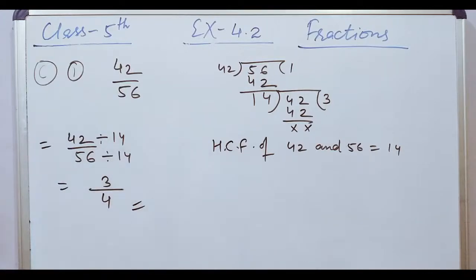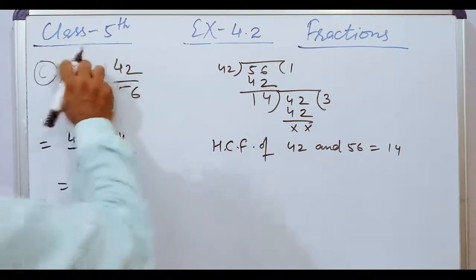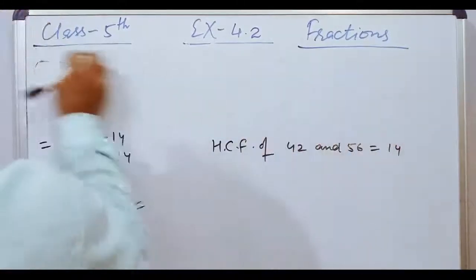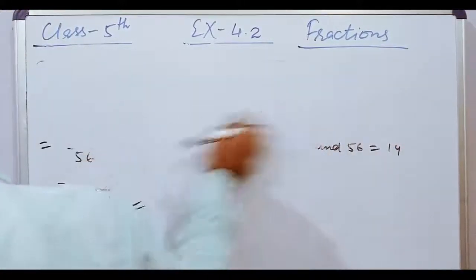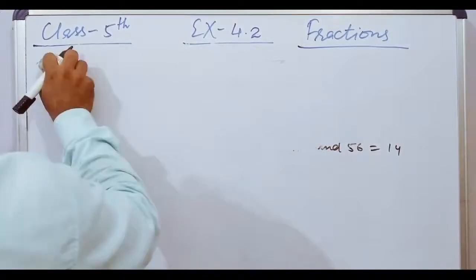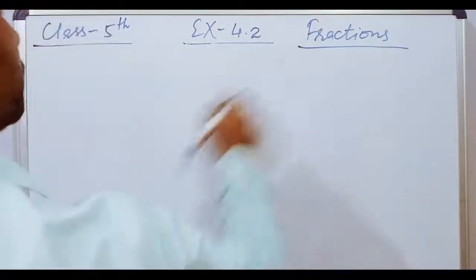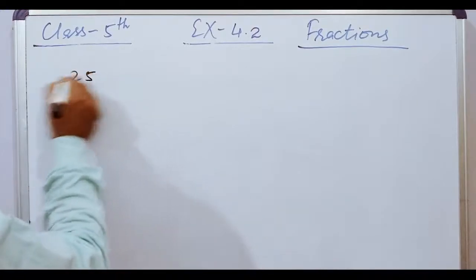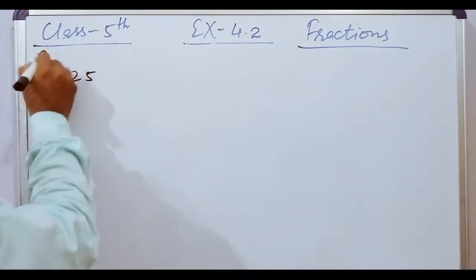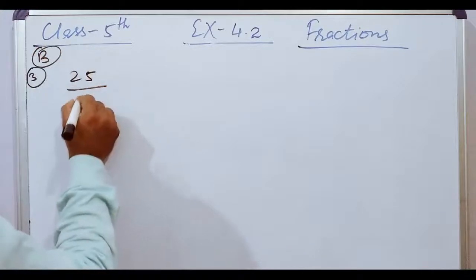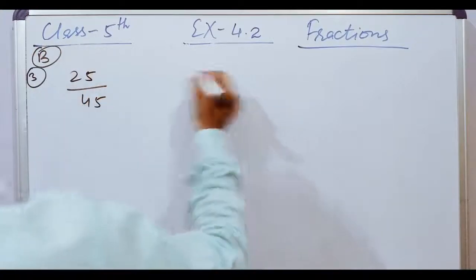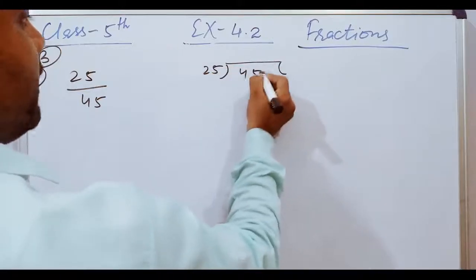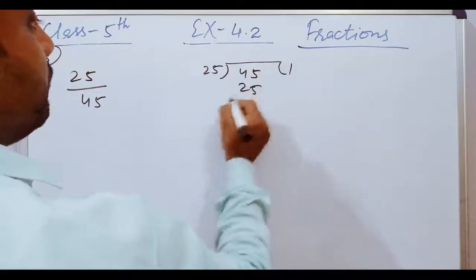Now we'll do the third question of this part. 25 upon 45. First we will find the HCF of 25 and 45. 25 1s are 25.